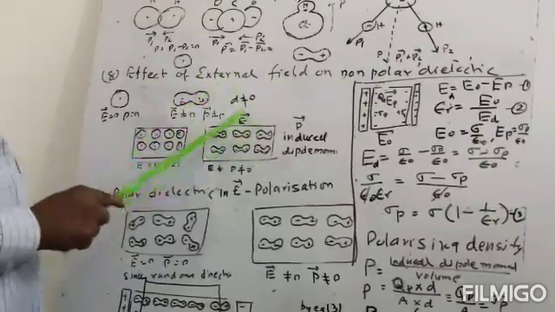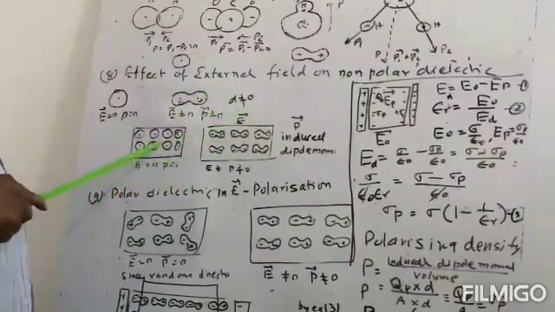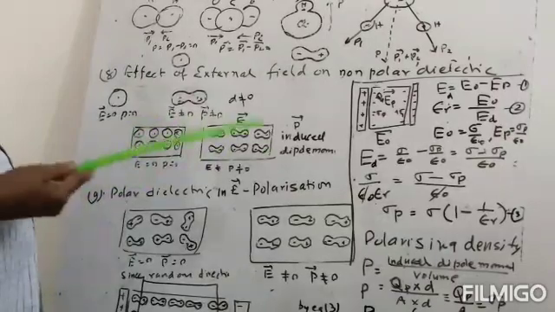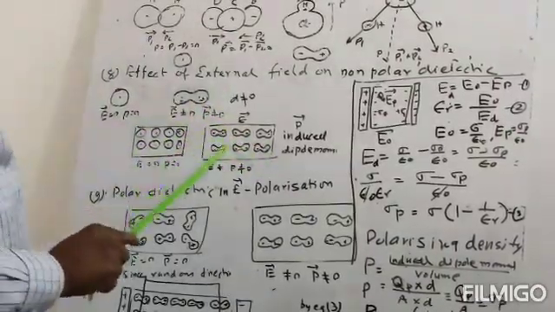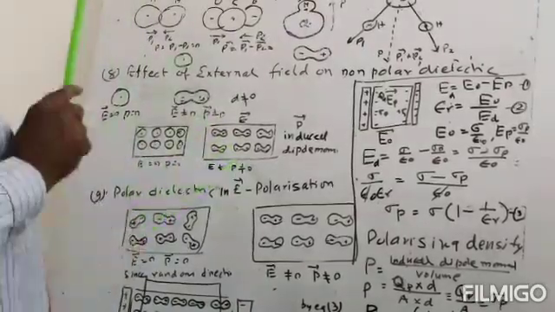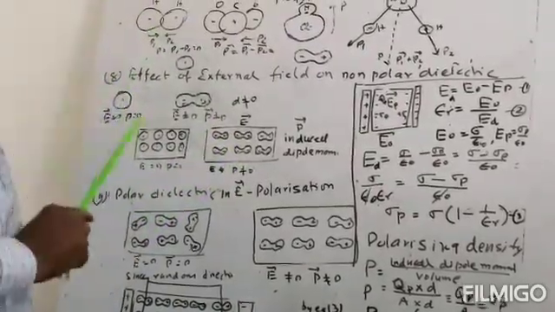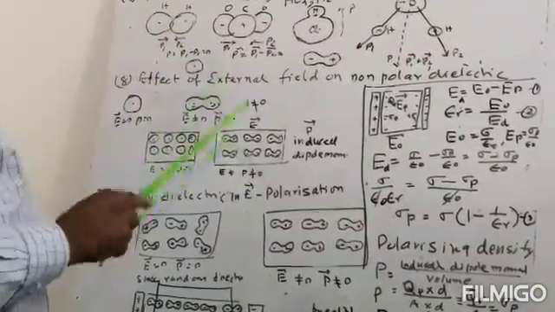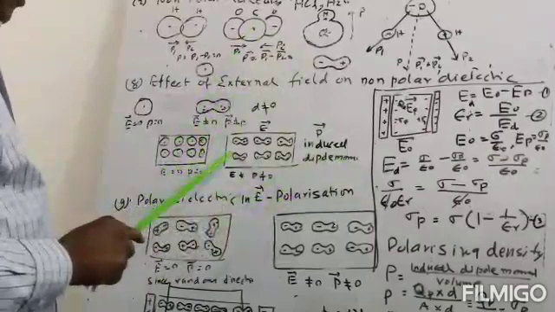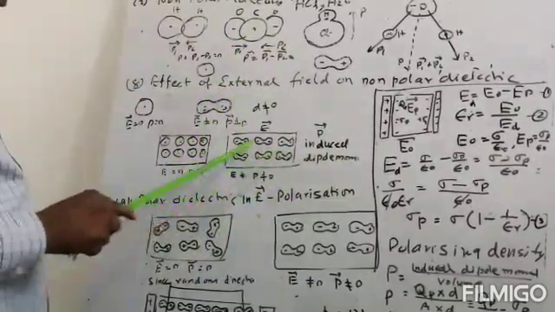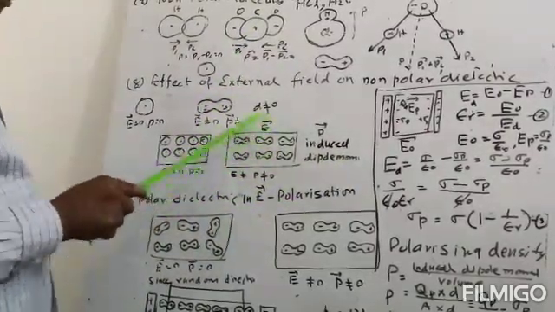If we withdraw the electrical field, the situation will be this: it will again have P equal to 0. So a non-polar molecule in the electrical field will have an induced dipole moment. The direction of the induced dipole moment will be in this direction, opposite to the electrical field.